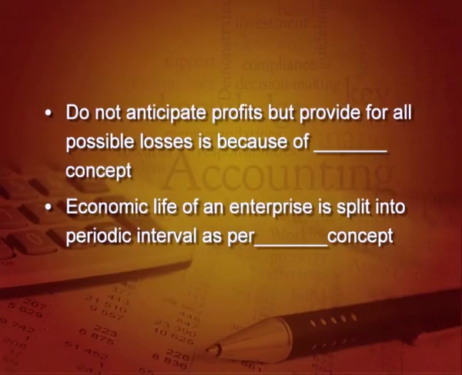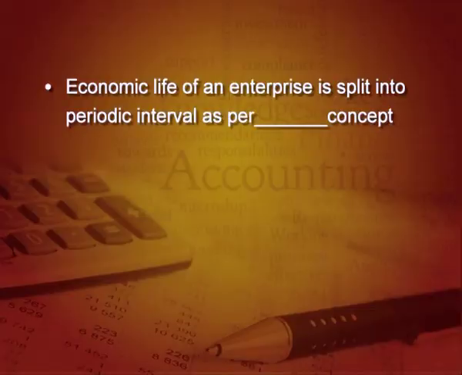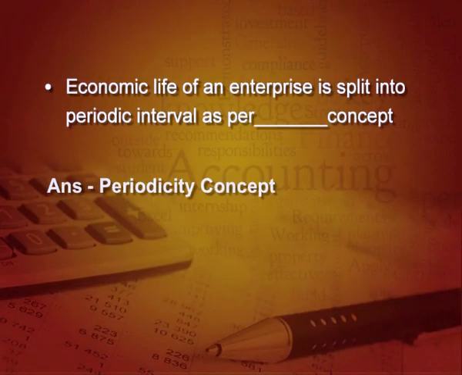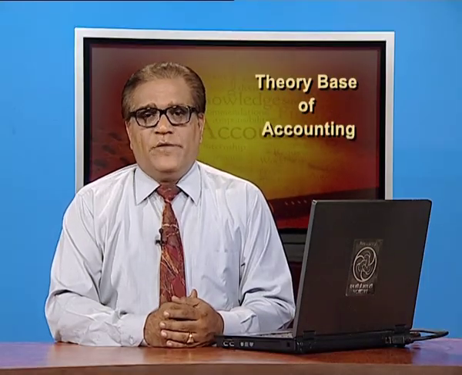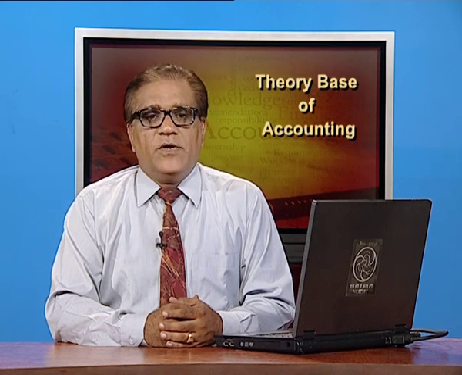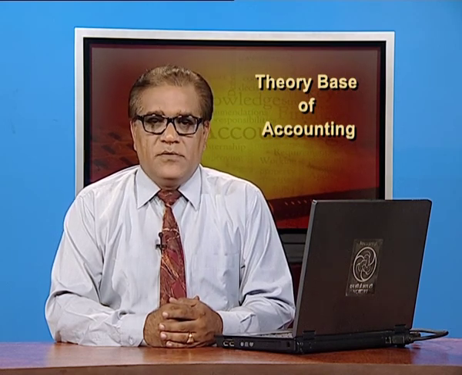Economic life of an enterprise is split into periodic interval as per which concept? Yes, this is an important one. Split into periodic interval, right, it is periodicity concept, where I told you that we must make the accounts for 1 year, accounting period or periodicity concept. Yes, let us do some more fill in the blanks to see whatever we have learned in this chapter.